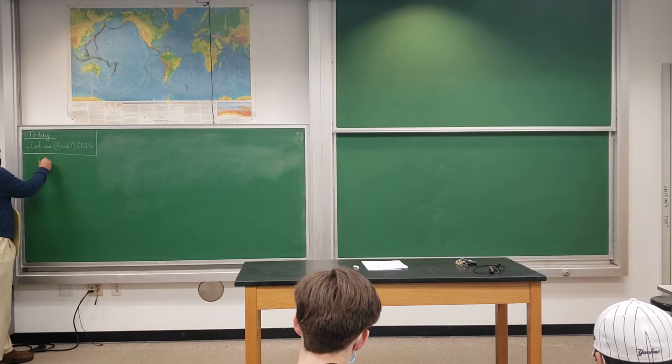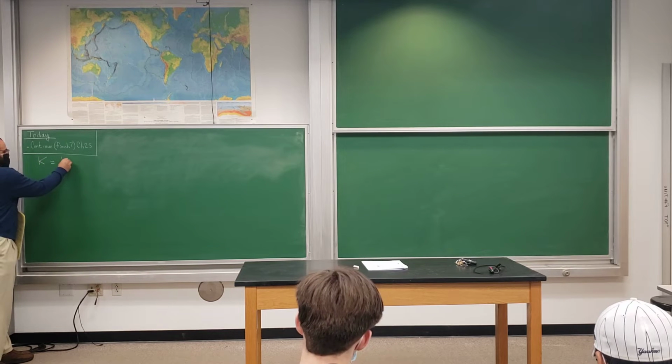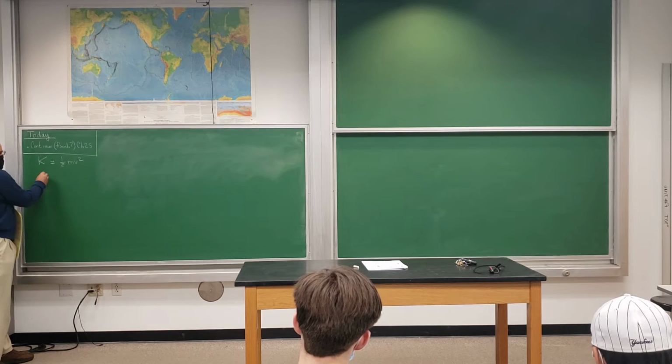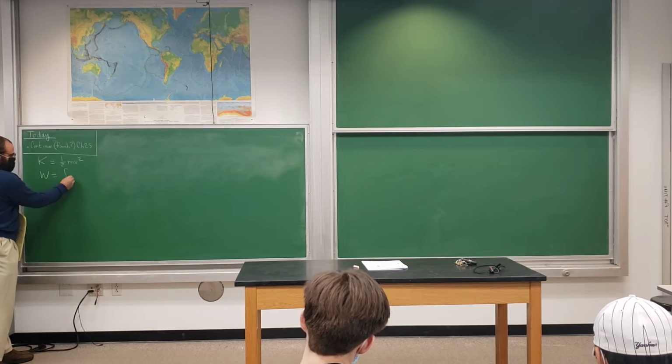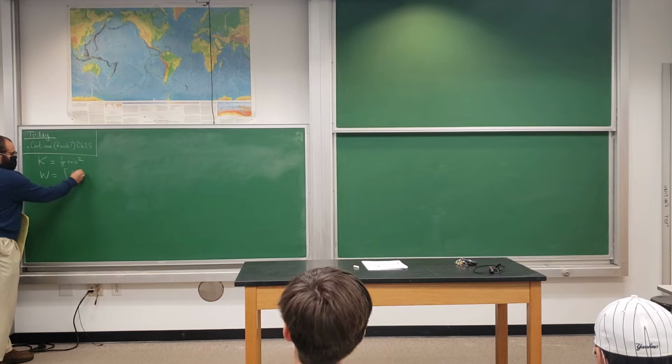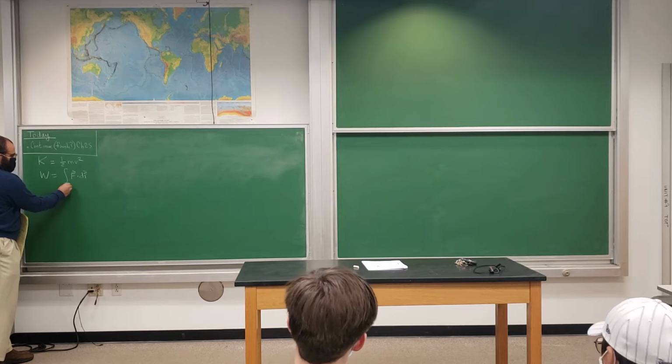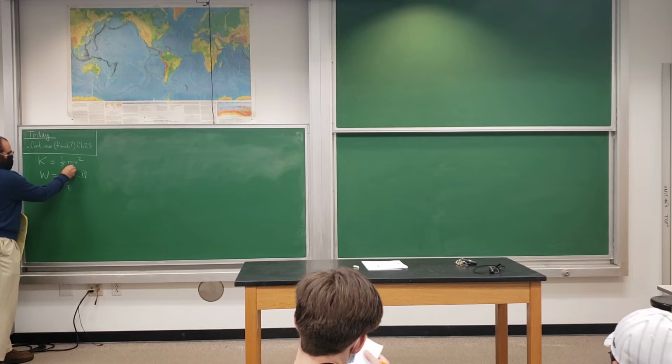So we had kinetic energy was always 1/2 mv squared. The work done is always defined as F dot dr from some R initial to some R final.